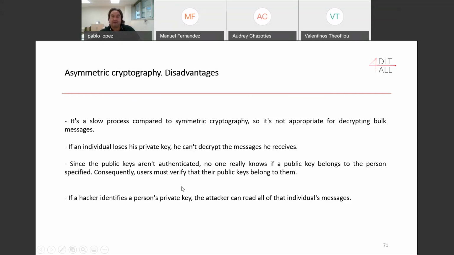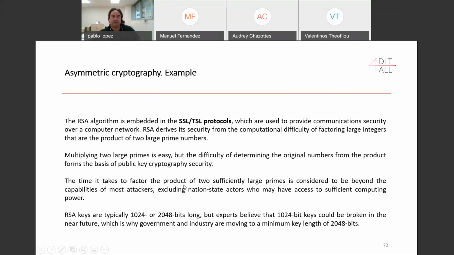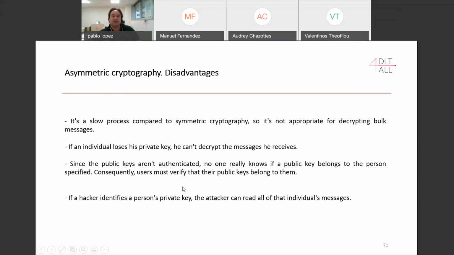If a hacker identifies a person's private key, the attacker can read all of that individual's messages. That's why private keys are usually quite complicated.